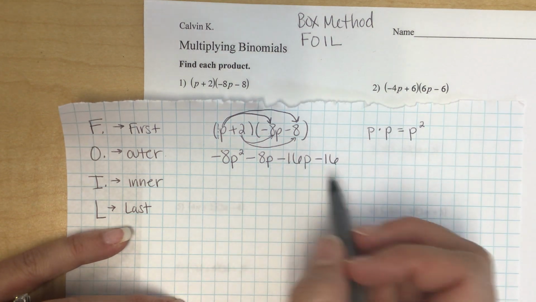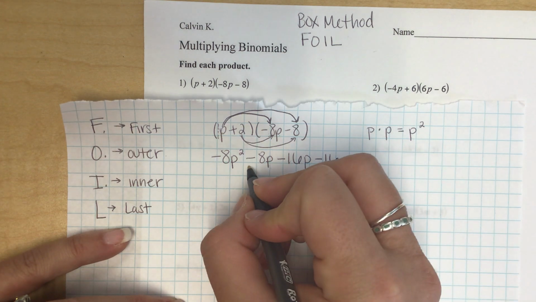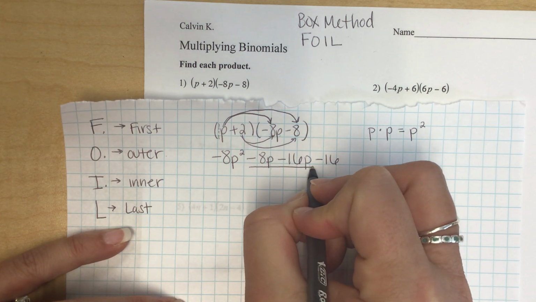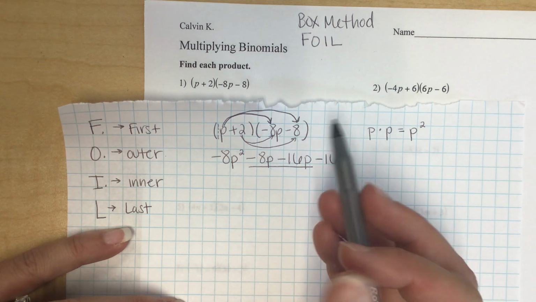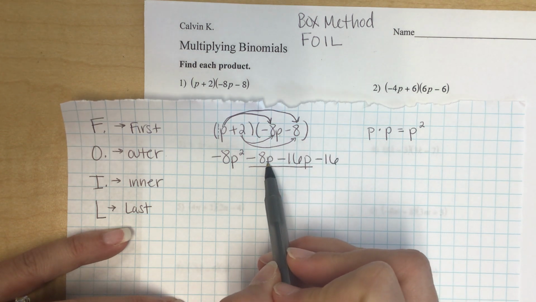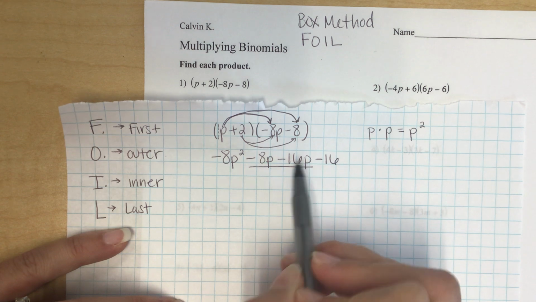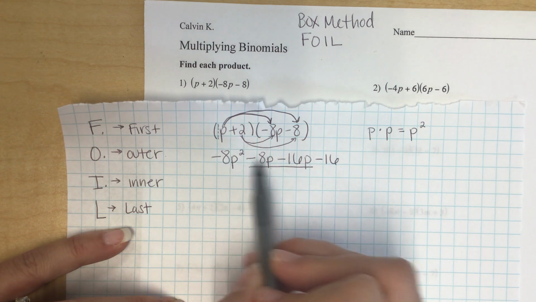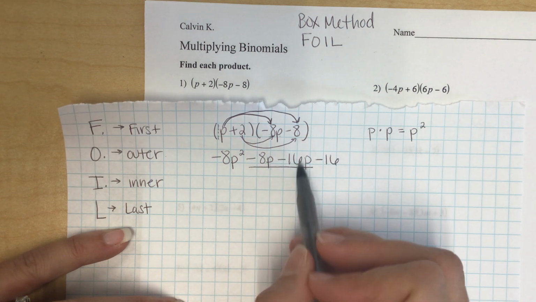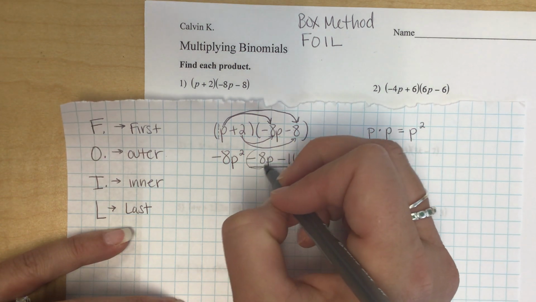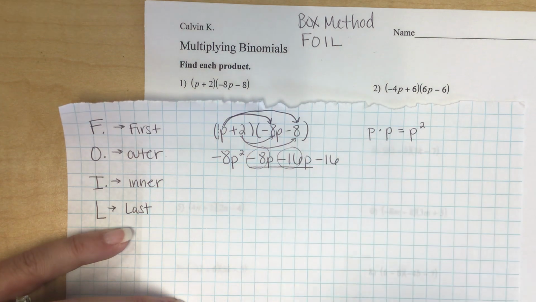So now our goal is to look at this and see, okay, we have like terms. Typically, not always, but typically the like terms are going to be in the middle, okay? So if I see this has just a P and this just has a P, right? This has P squared, so I can't put that in with this. So negative 8, I always add these. So I think of it as this number and this number, and I'm always, always, always adding them together.